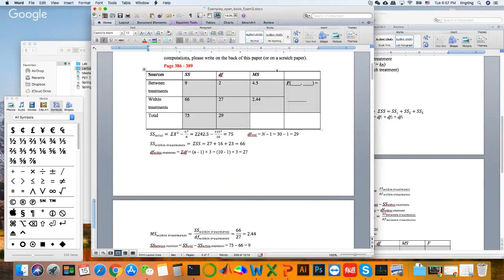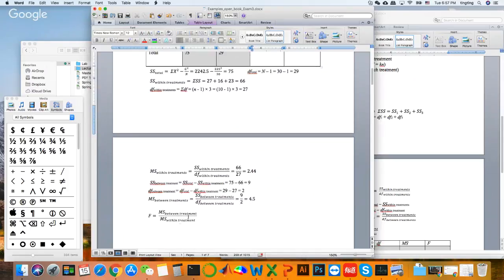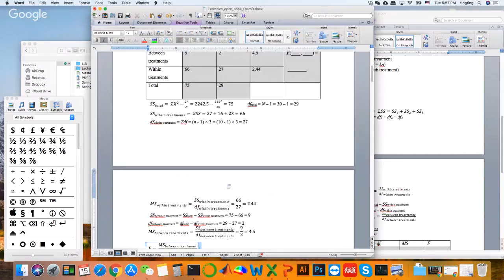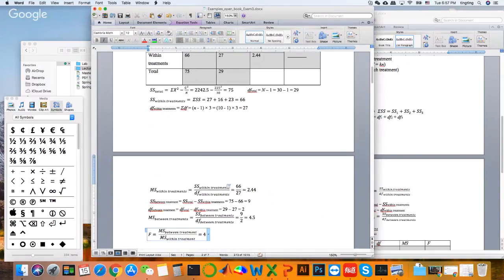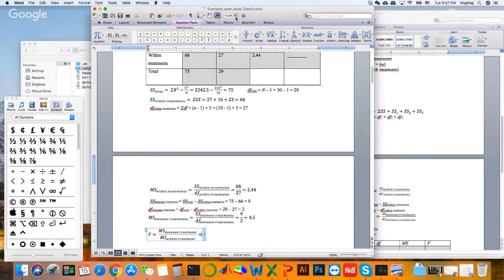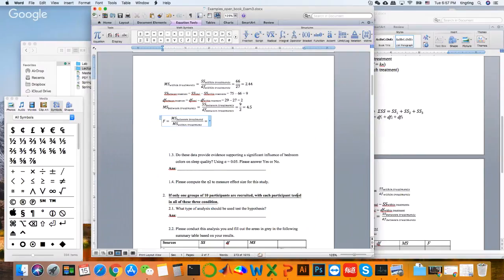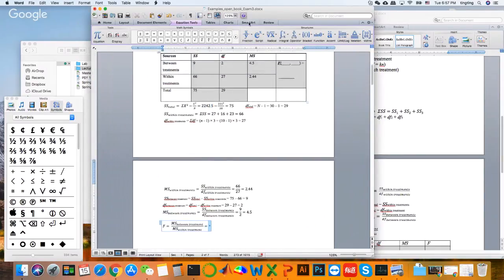So just the ratio between this number and this number: 4.5 divided by the 2.44, which equals 1.84.